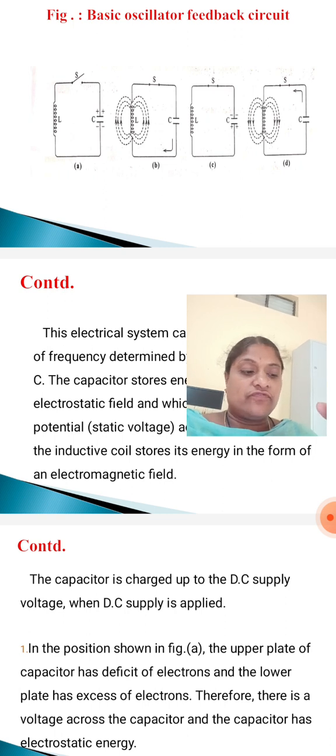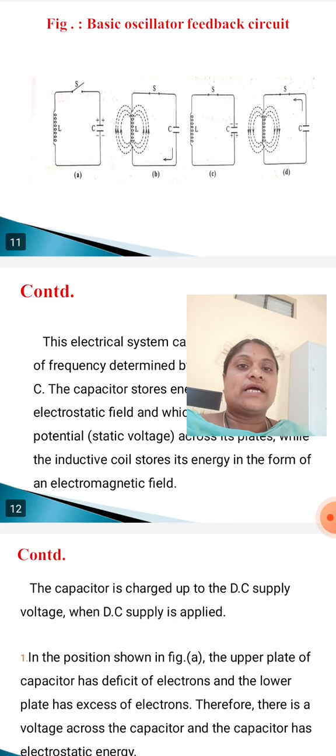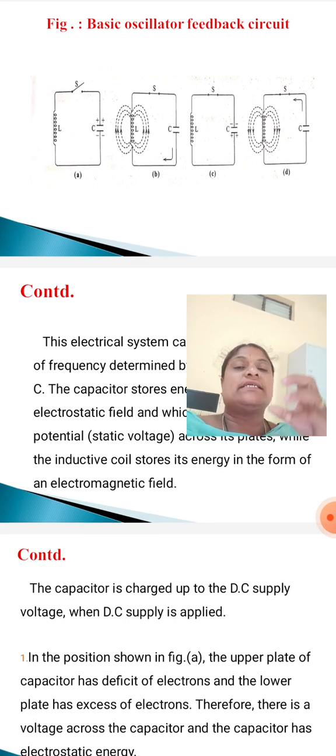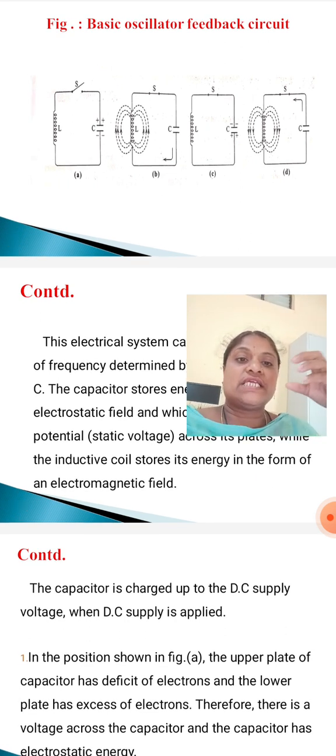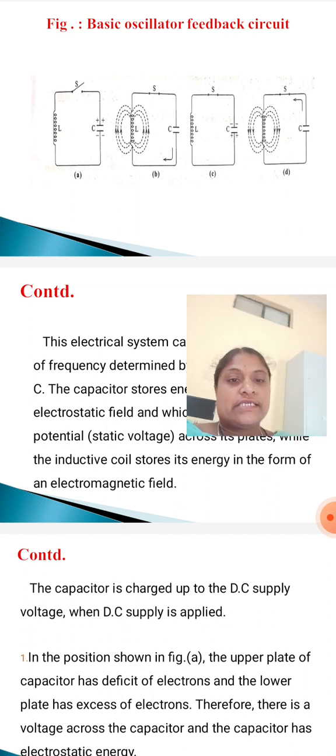This current flow sets up a magnetic field around the coil, because inductance stores energy in the form of an electromagnetic field.